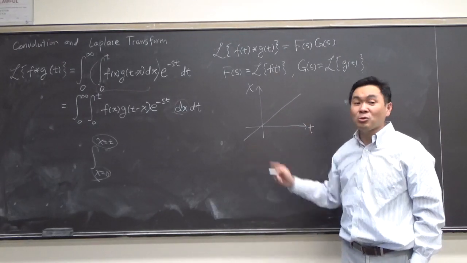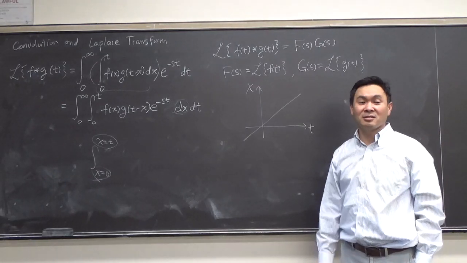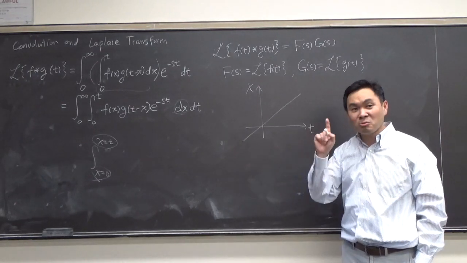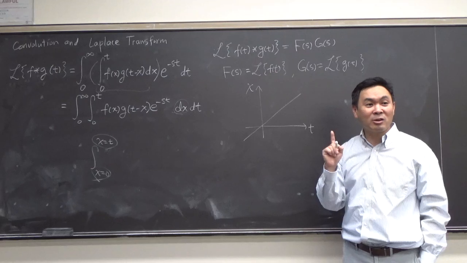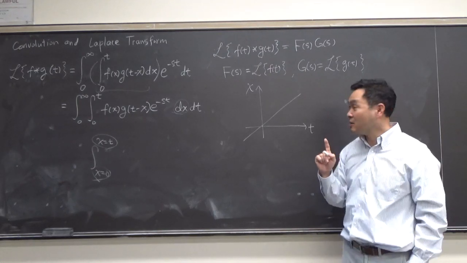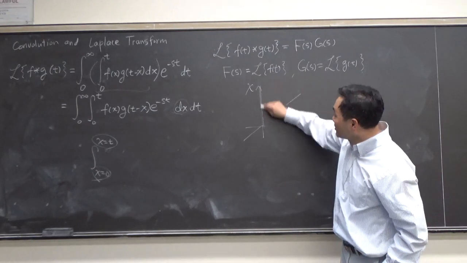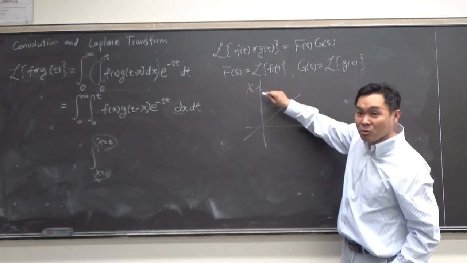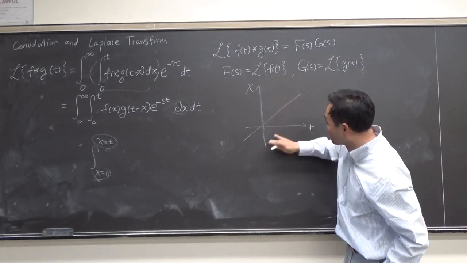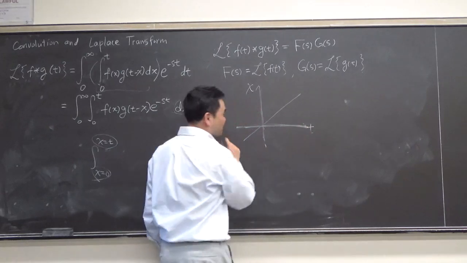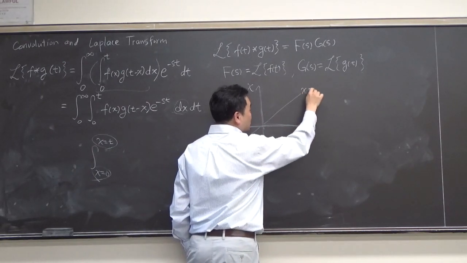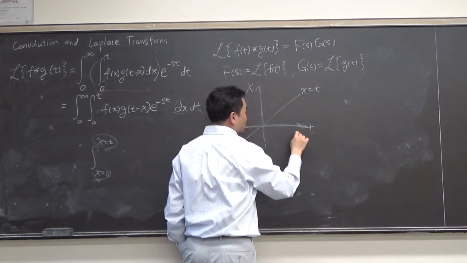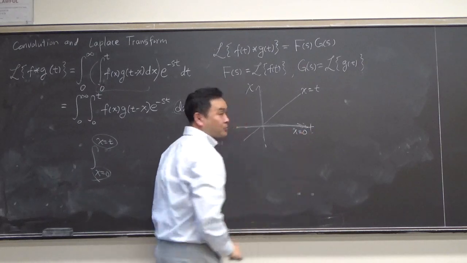Okay. x equals 0, what is that? x equals 0 should really be thought of as y equals 0. Y equals a number is a vertical line, right? No, y equals 0 is a horizontal line. What am I saying? It's this. So this one's x equals t, and this one's x equals 0.